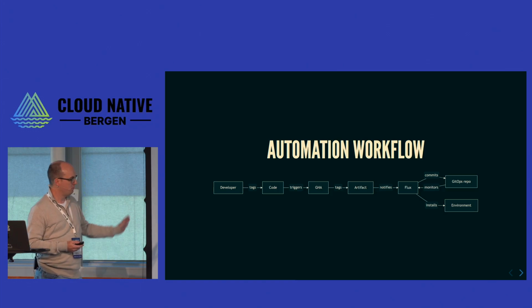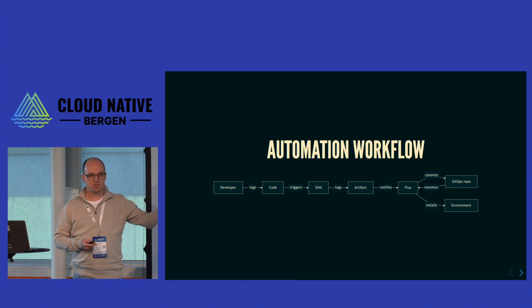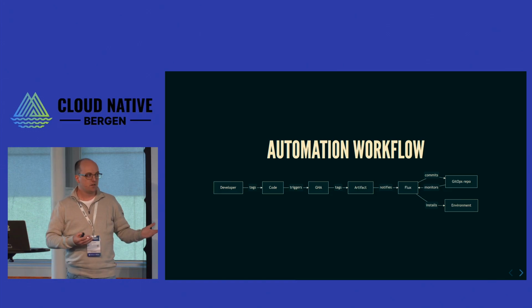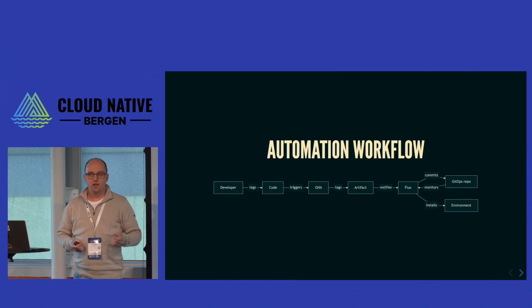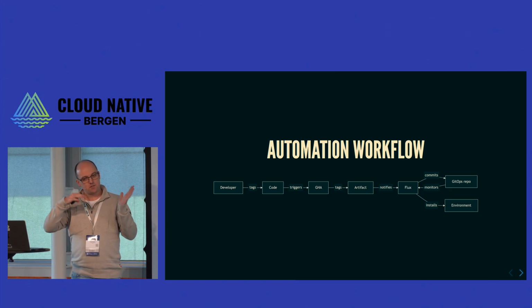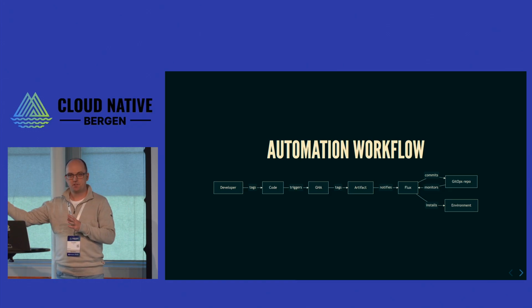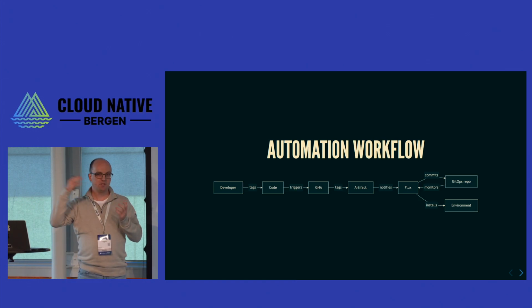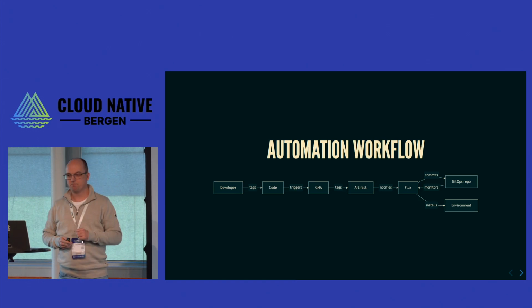You now have a developer pushing some code that triggers some GitHub Actions, which tags your artifact, and that gets notified to Flux or Argo. Flux gets a notification there's an artifact, it will update the GitOps repo, it will notice there's an update in the GitOps repo, and will then change your cluster accordingly.